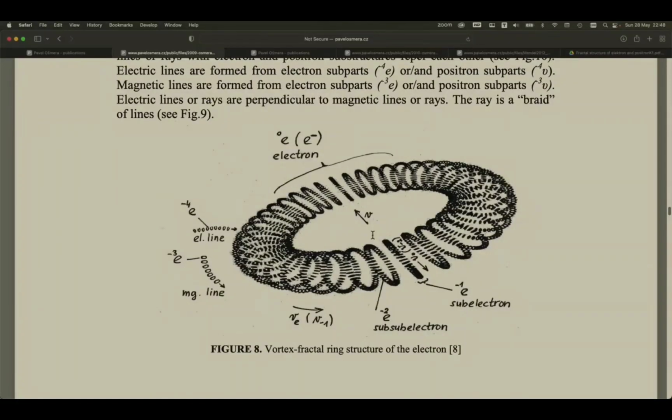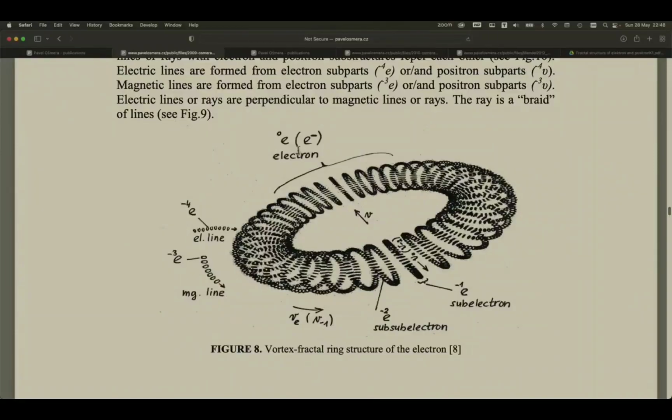Someone asked, what causes the magnetic vector to be orthogonal to the electrical vector? Well, he's got that in here, and he's saying the -4 electron subtor structure is the electric line, and orthogonal to that is the -3 fractal subtor structure, and that causes the magnetic line.